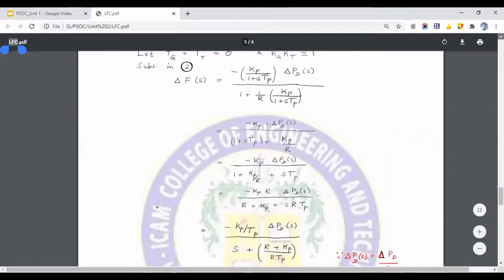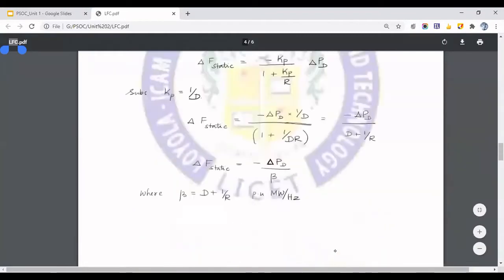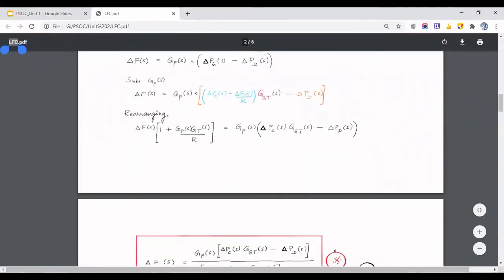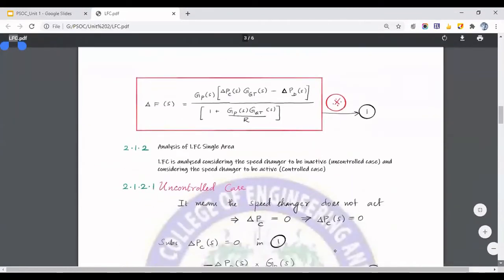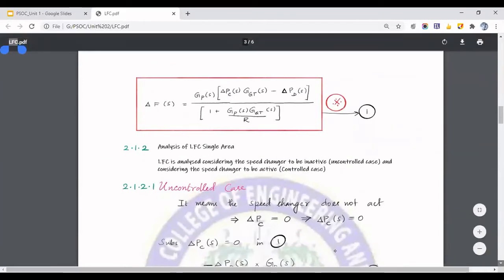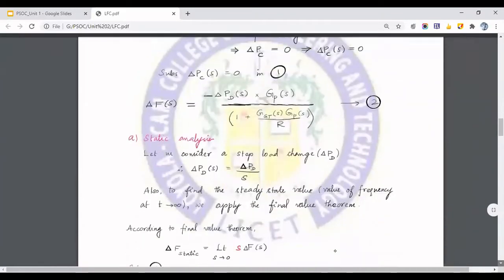For dynamic analysis, let us equate Tg and Tt to be equal to 0. As we substituted delta Pc of S equal to 0, we arrive at this expression.